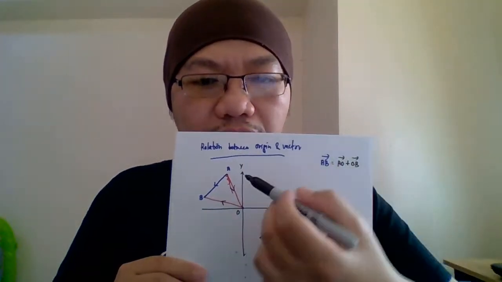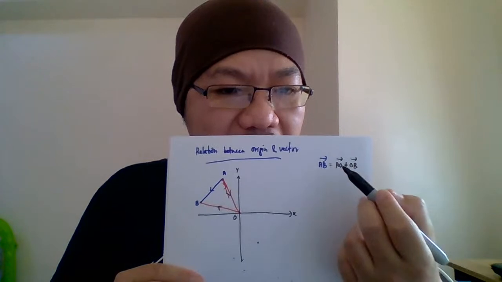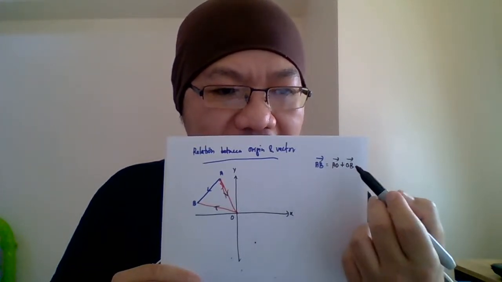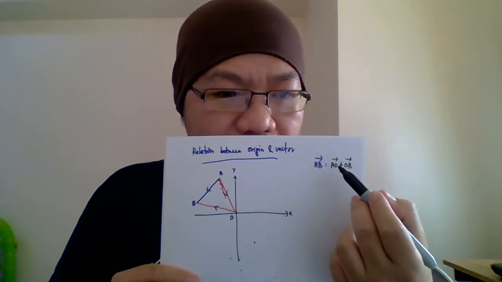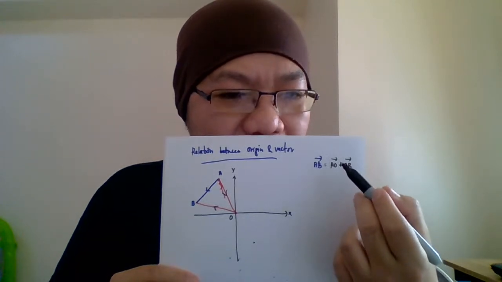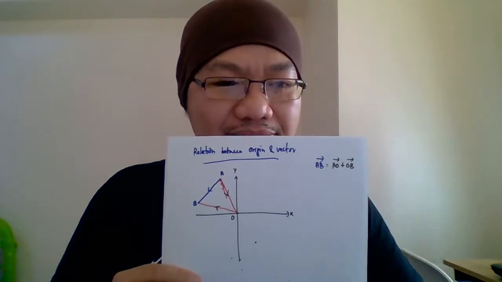If you want to find AB, you see here A and B, the end and end, the first letter and the last letter. In the middle, between both vectors, they have the same letter, which is O and O. The O and O cancel, and then it becomes AB again.